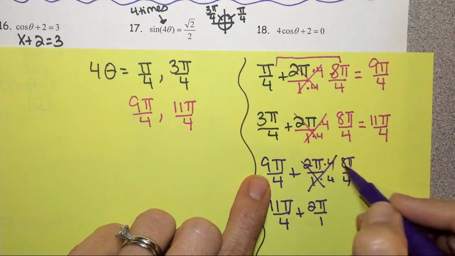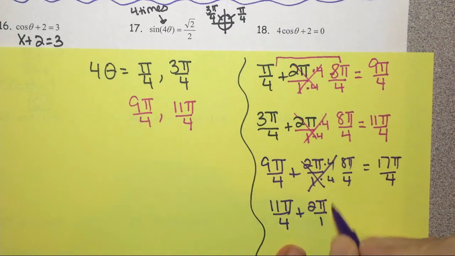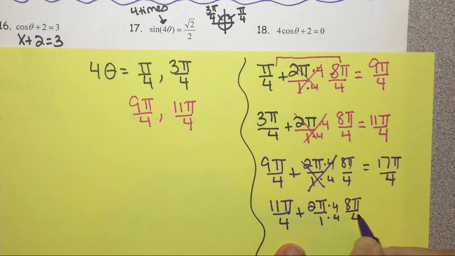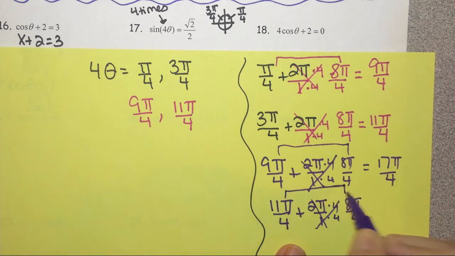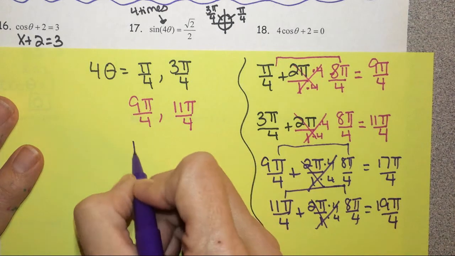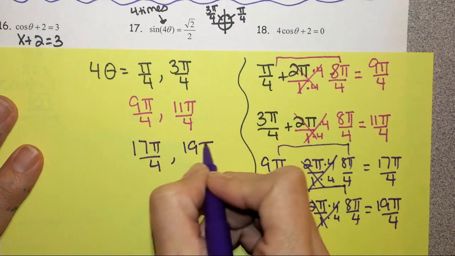So add the tops, 9 plus 8, 17 pi over 4. The same thing happens down here. It changes to 8 pi over 4. I add the tops, and I get 19 pi over 4. So those are my next 2 answers. So 17 pi over 4 and 19 pi over 4.